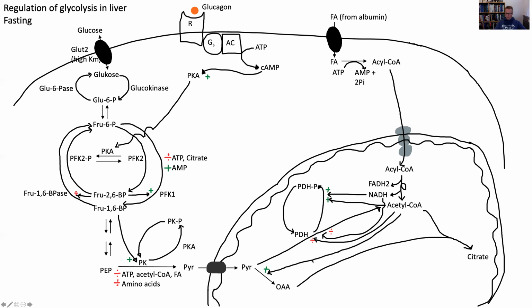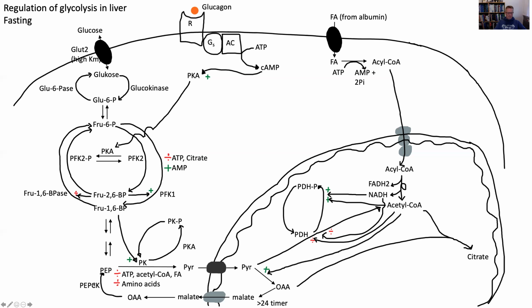We can of course produce citrate from acetyl-CoA and oxaloacetate, but we will also see that in case we fast more than 24 hours, the liver will start upregulating gluconeogenesis, which actually will use the oxaloacetate that we can produce from various sources and convert oxaloacetate to malate, which can be transported out of the mitochondria and be converted back to oxaloacetate.